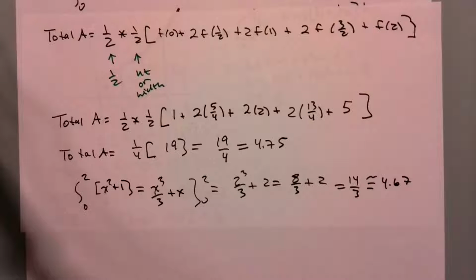All right, let's go ahead and do one more version of this trapezoidal rule here before we move on to our next rule, which will be Simpson's rule. So let me see what I have here in my notes. How about the integral from 0 to 2 of 3 to the x dx? So again, our goal is to use the trapezoidal rule. As I try to center my paper, that's pretty good.